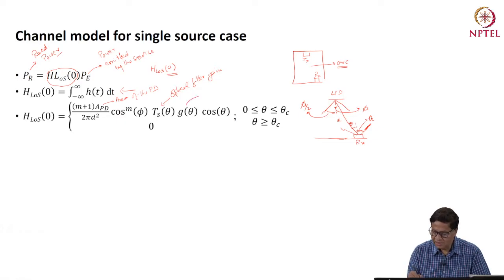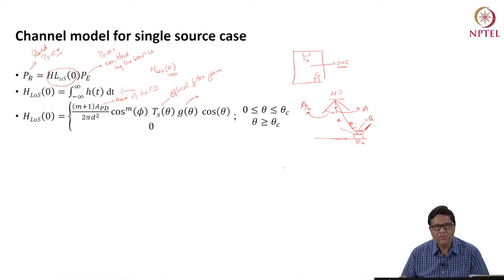And this is the concentrator gain, because at the receiver you want a wide receiver so that you get light from all possible directions. But once you have a large photodetector area, it will have more capacitance and it might limit the data rate.